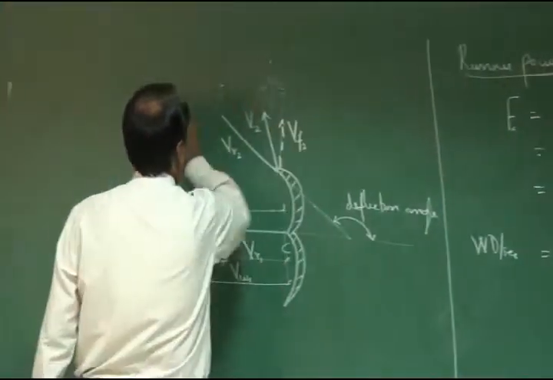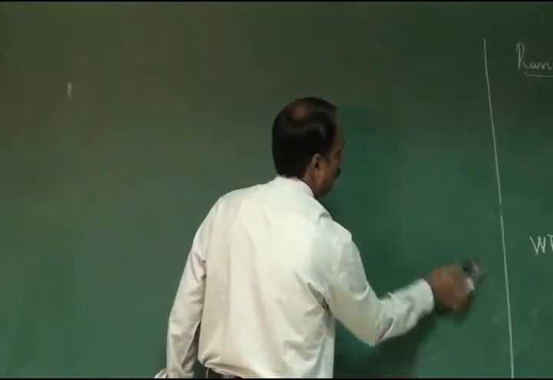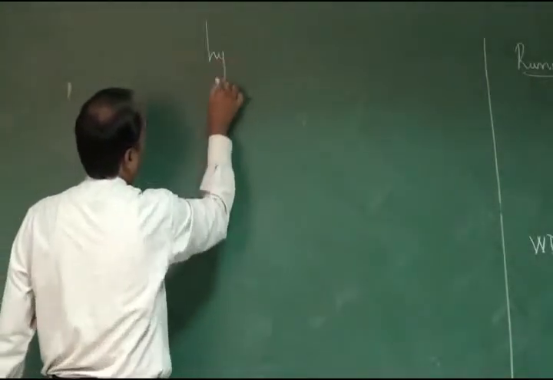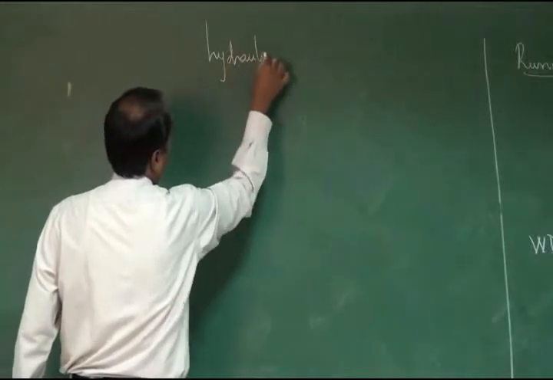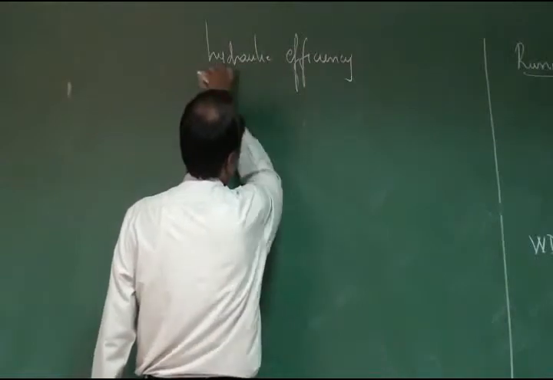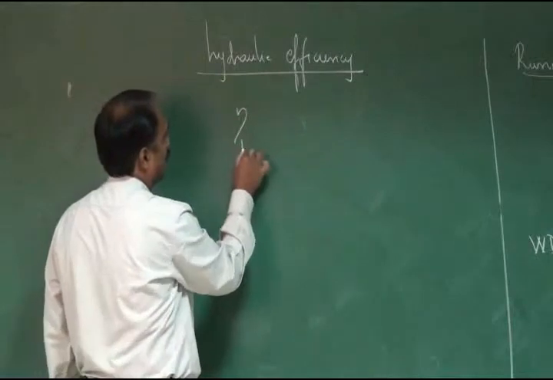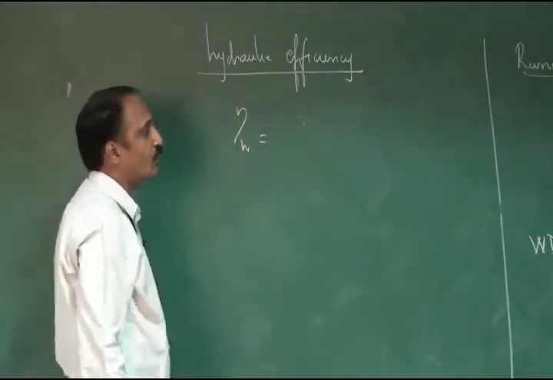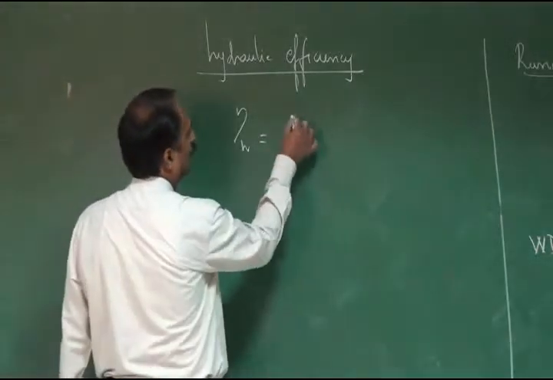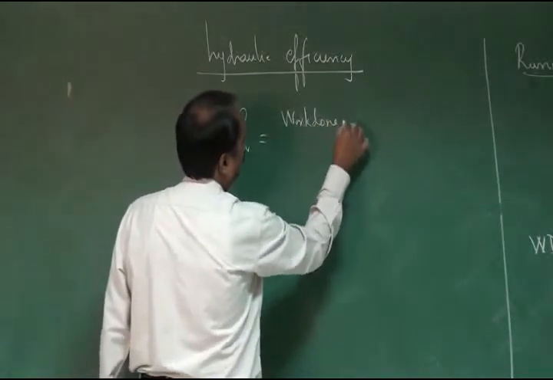Similarly, we have to find the hydraulic efficiency. Hydraulic efficiency, eta h, is equal to output over input. The output is the runner power, that is, work done per second.